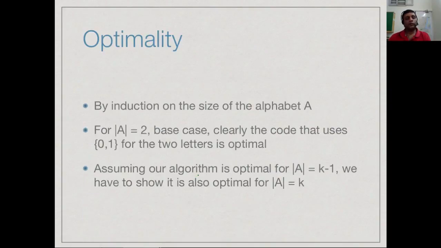To show that this algorithm is optimal, we'll go by induction on the size of the alphabet. Clearly when I have only two letters, I can't do any better than assign one of them 0 and one of them 1. So the base case is optimal. We will assume that this is optimal for k minus 1 letters and now show that it's also optimal for k letters.